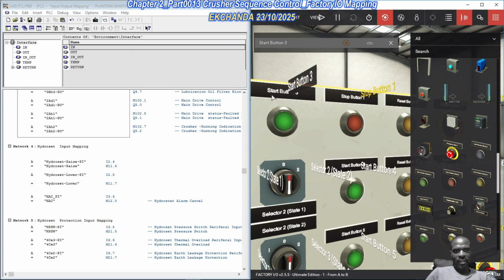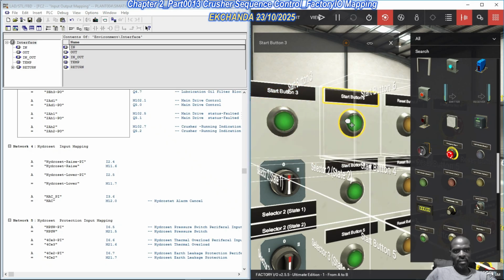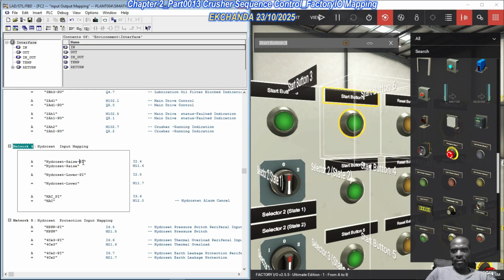Okay, momentary push buttons. We can get rid of this one here, then we can copy this, so that we don't waste time.